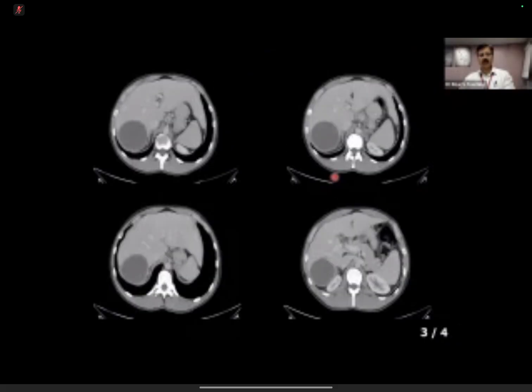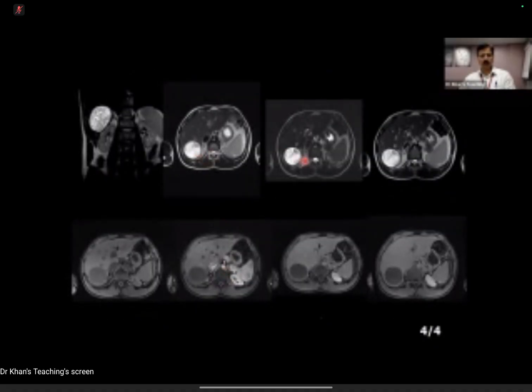And this is internal membranes. You can see those subtle membranes here, but generally it looks cystic, and then on MR it is there. So the viva questions are that you can ask for serology for hydatid, and biopsy, of course.